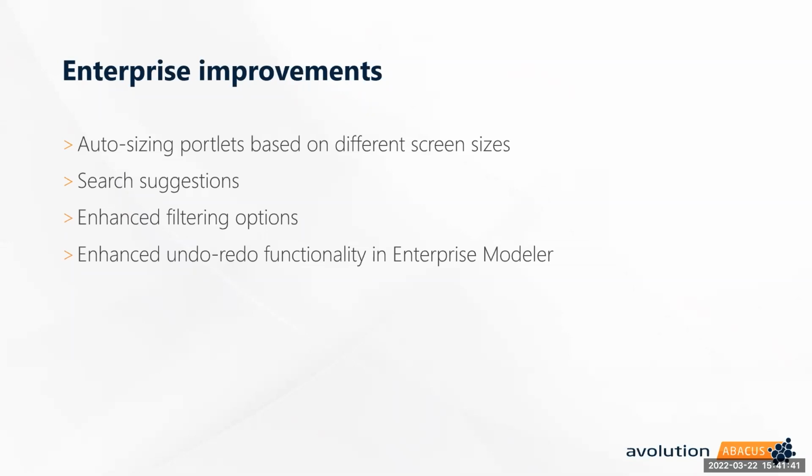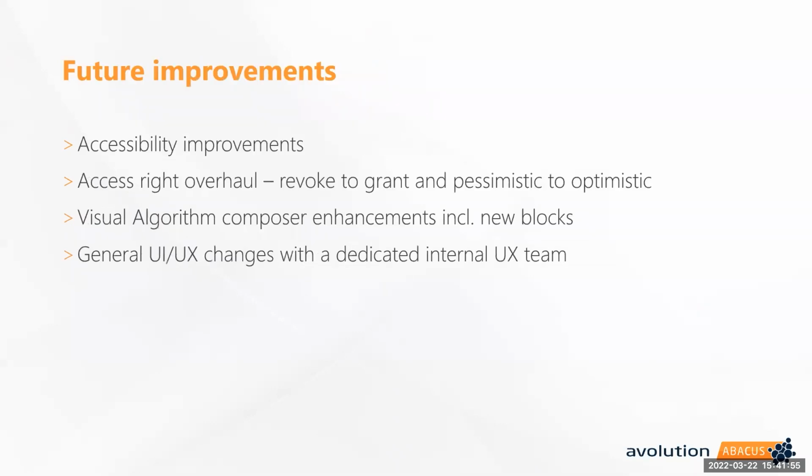Generally, I think I mentioned at the beginning, the direction we're headed as a company is to focus much more on the data-driven part of ABACUS, but we're also making some conscious efforts internally to work on specific parts of the product that aren't necessarily, let's say, EA related. What that really translates to is some of the future improvements.